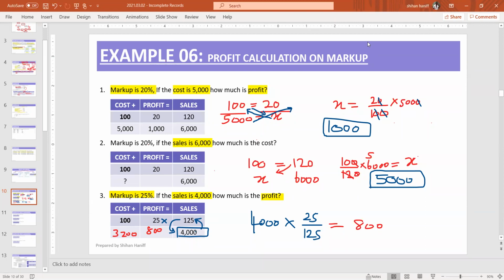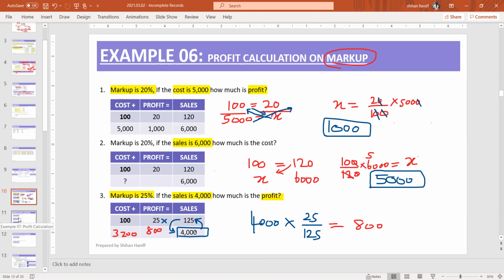Right. Now this is markup. Here I explained the markup.